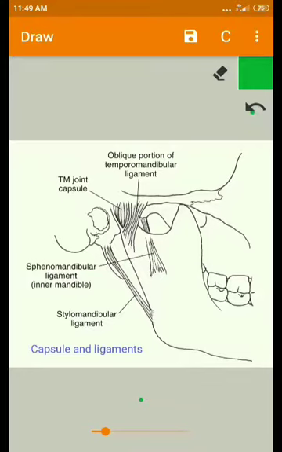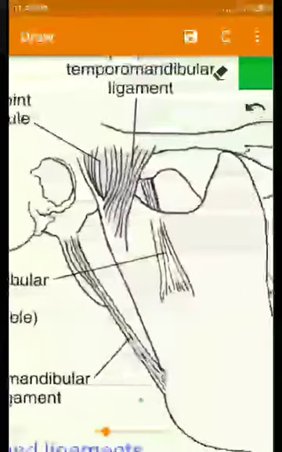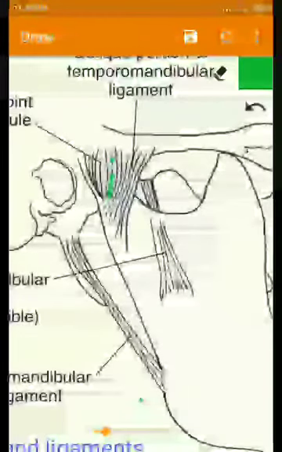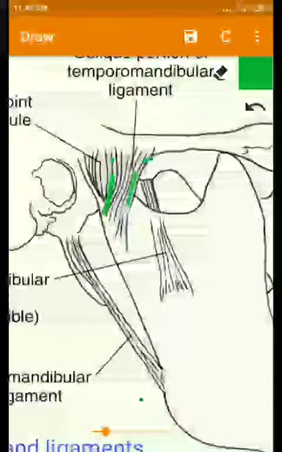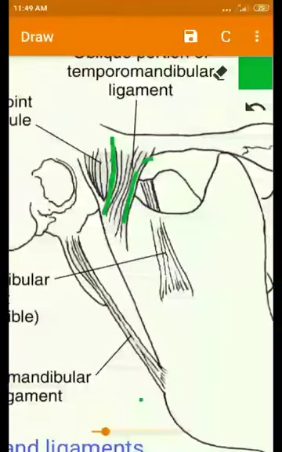Here you can see another ligament, the temporomandibular ligament. Below this you can see these fibers are the capsule. The capsule is surrounding the temporomandibular joint.